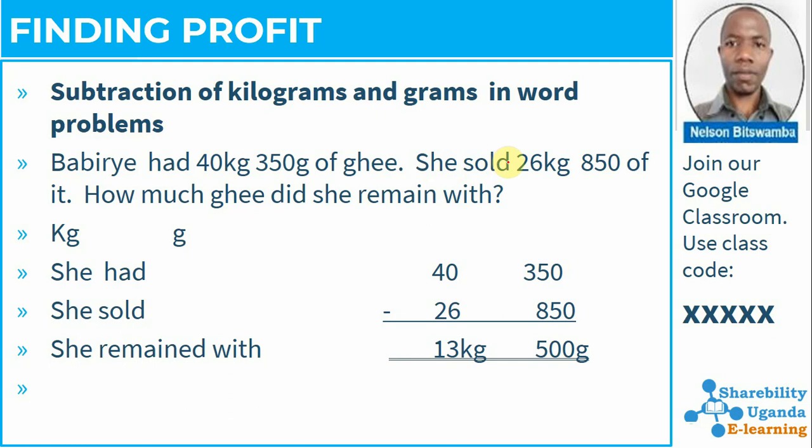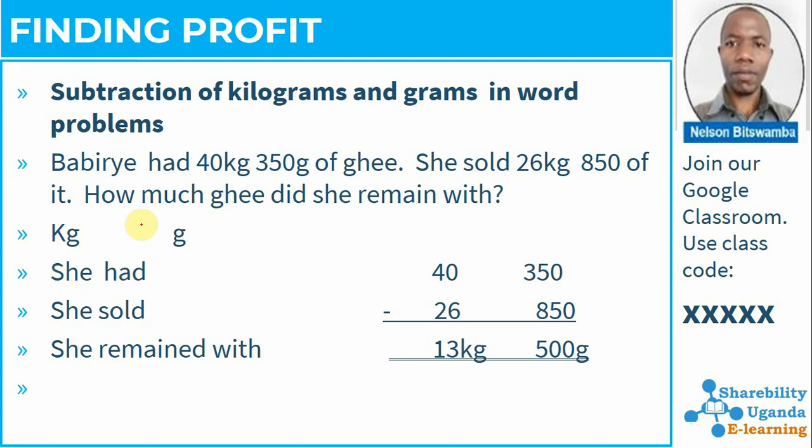She sold 26 kilograms and 850 grams of it. How much ghee did she remain with? We shall look at the total kilograms she had and the grams. Then we subtract it from the kilograms and the grams that she sold.